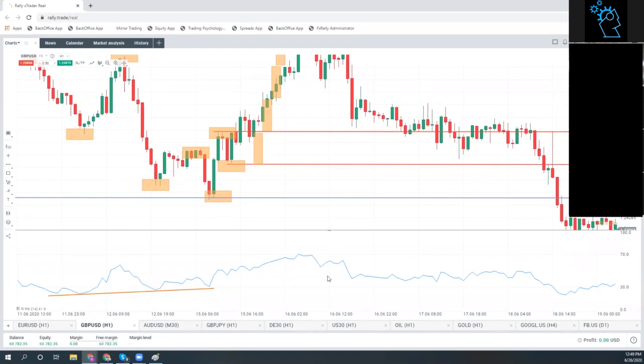But I have been using the RSI for the past 11 years. And in this scenario, with this strategy, it actually gave me one of the best strategies I have ever used.